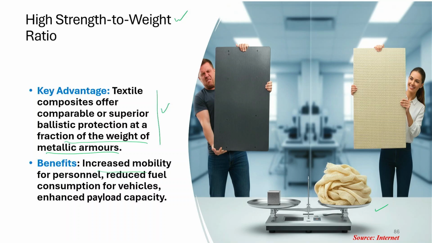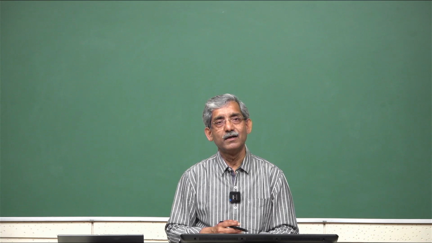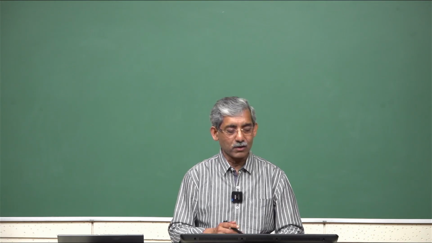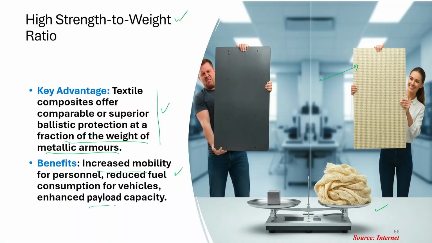And for vehicles, due to the lighter weight of a bulletproof vehicle, its fuel consumption will be lower and it enhances the payload capacity. The vehicle itself is of lower weight, so it can take a higher payload for rescue or defense activities.